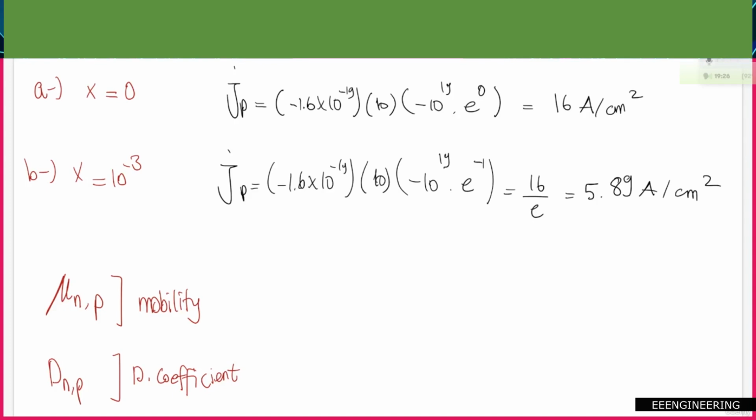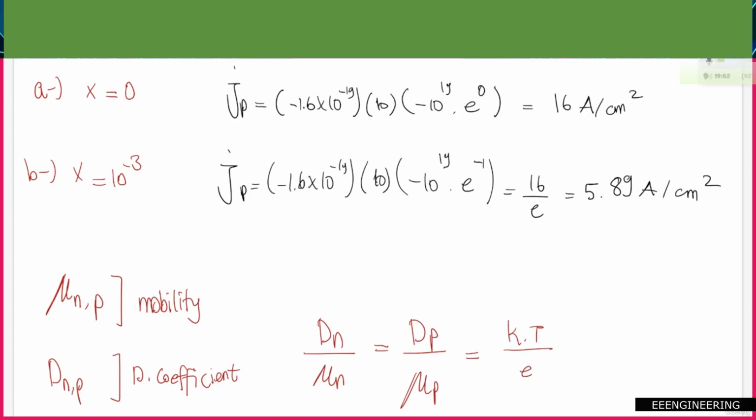The relation between them is set up by Einstein's relation. So Dn over mu n, where Dn is the diffusion coefficient for electrons and mu n is the mobility of electrons, must be equal to the diffusion coefficient of holes over the mobility of holes, and that must be equal to kT over e.